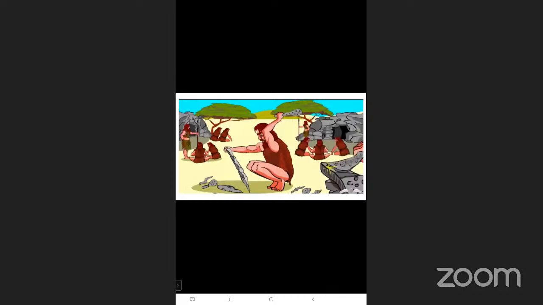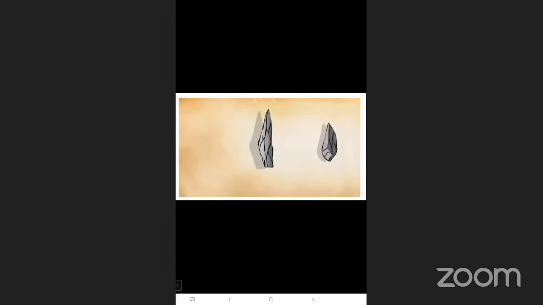So this was the stone the early man used for different purposes. But there was some problem with using these stones. If some force is applied, the stone easily breaks.